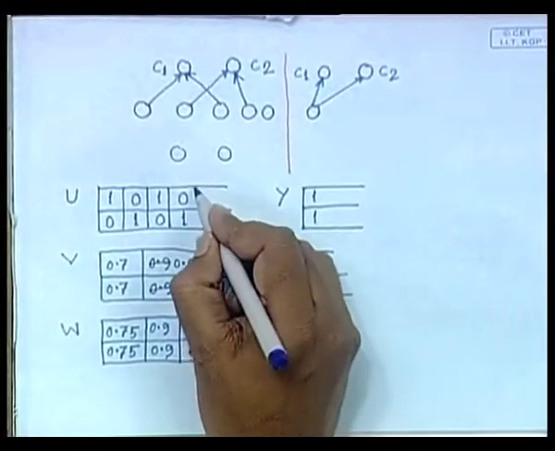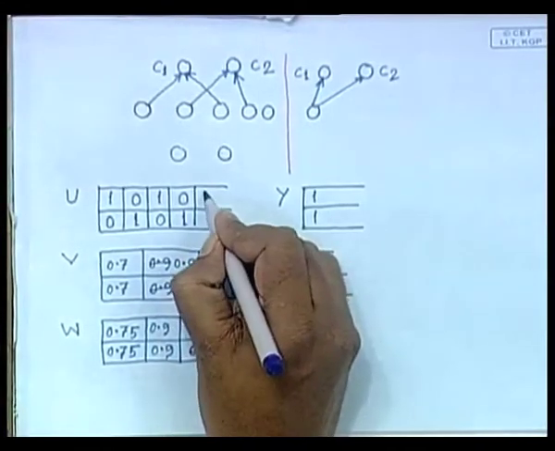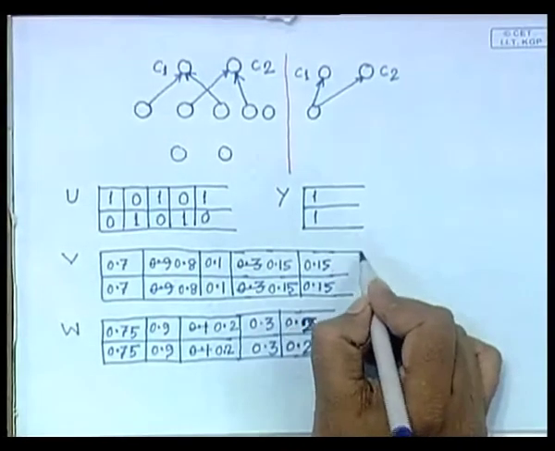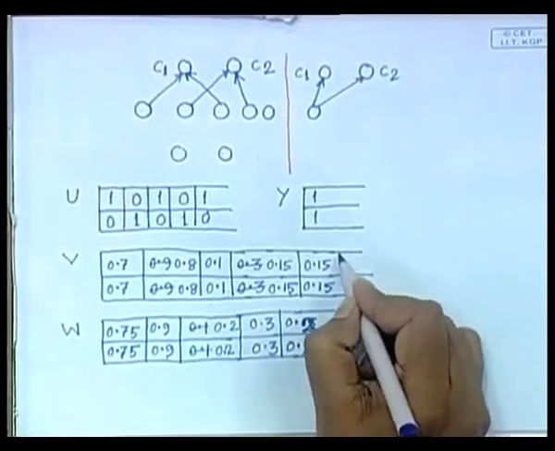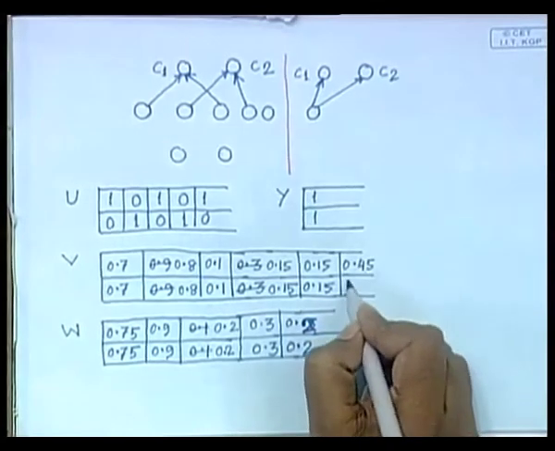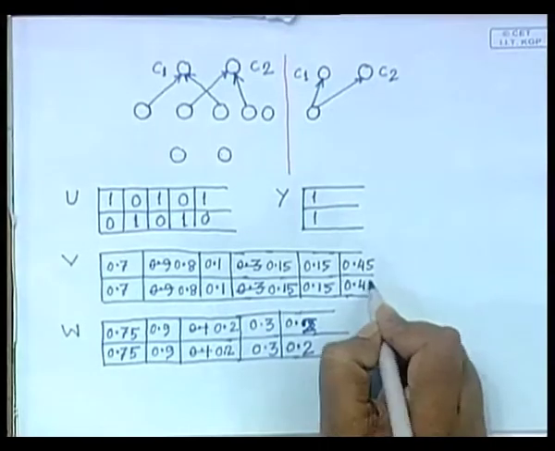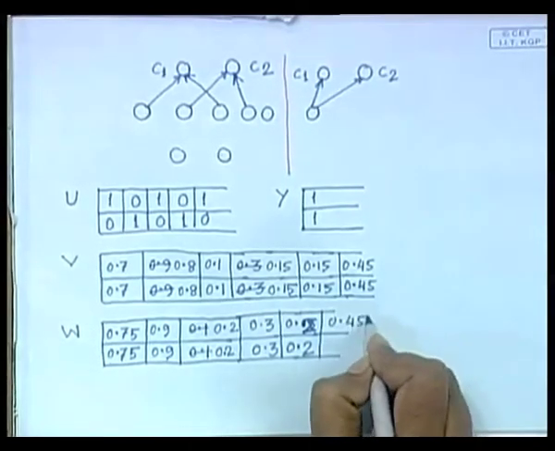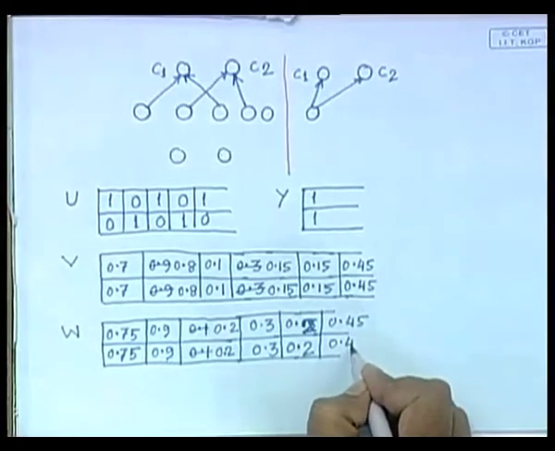So, I have to make in the U matrix an entry which is 1 0. And the min point is 0.45, 0.45, and the max point will also be 0.45 and 0.45.